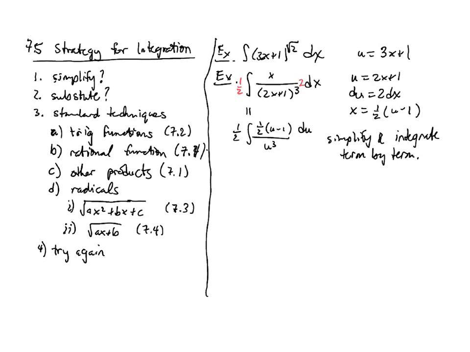Now, when I initially picked this example, I looked at that and I saw, well, substitution's not going to help because I have more than just 2 dx up in the numerator. And the other technique that you could use in order to evaluate this would be partial fractions. Yes, partial fractions.